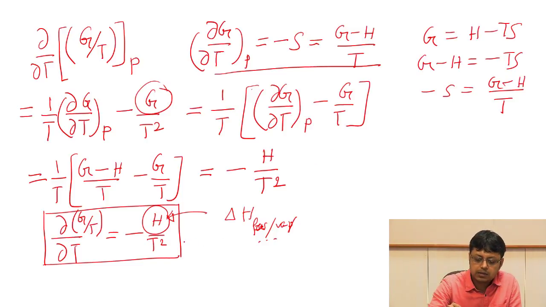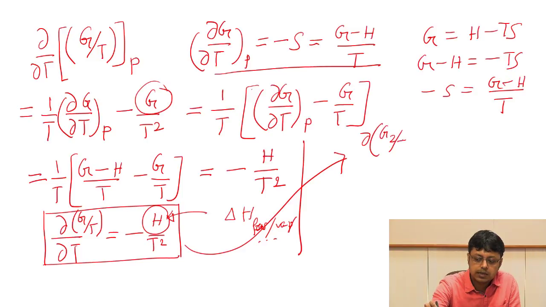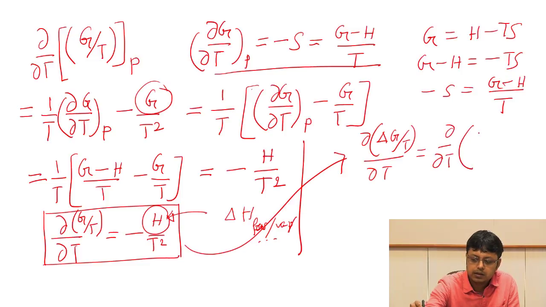We can start from the same equation. Say we ask what will be the derivative with respect to T of delta G by T? Delta G is nothing but G2 minus G1.